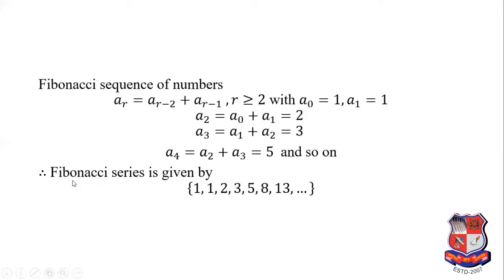So now the Fibonacci sequence is of the form 1, 1, 2, 3, 5, 8, 13, and the next term in that particular sequence will be nothing but the addition of 13 and 8, which is 21. So these are some of the examples for the recurrence relation.